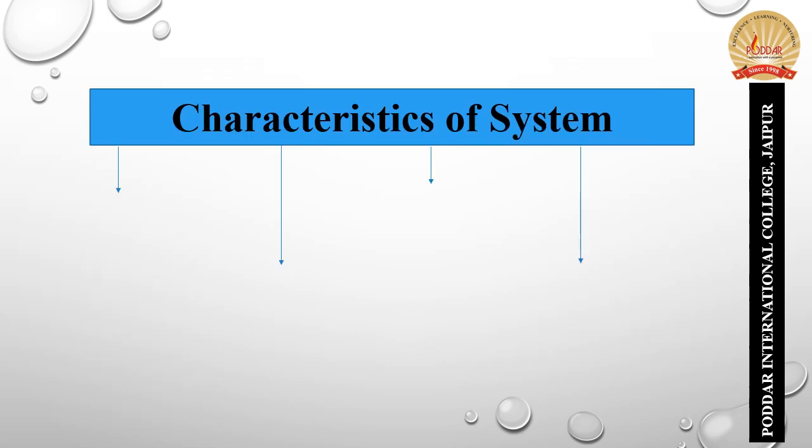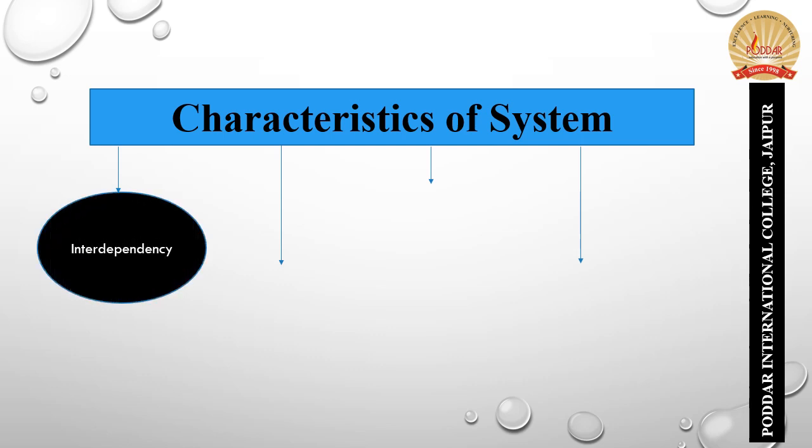The characteristics of a system are, here we are discussing the characteristics of a simple system, not specifically a political system. Every system has four basic characteristics. First is interdependency.